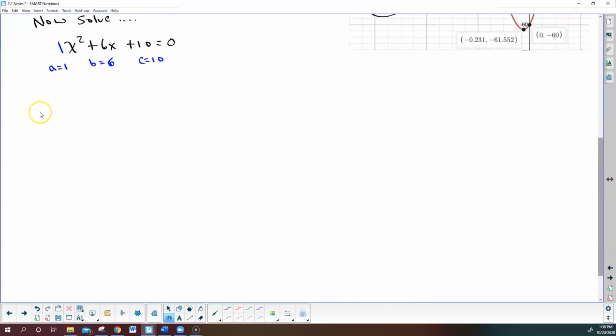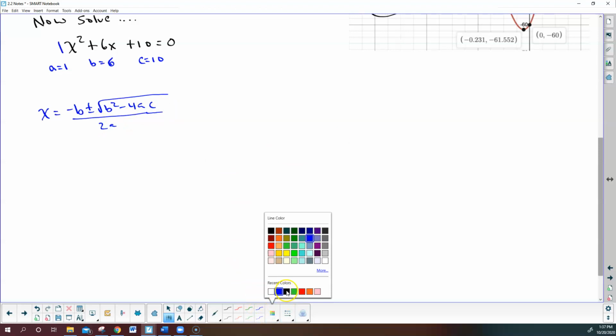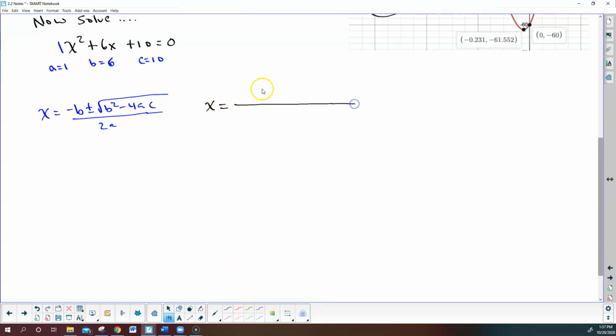So you can sing your song. X is equal to opposite B plus or minus the square root B squared minus 4AC all over 2A. All right. So hopefully you are well versed in this. I'm going to go through it pretty quick.